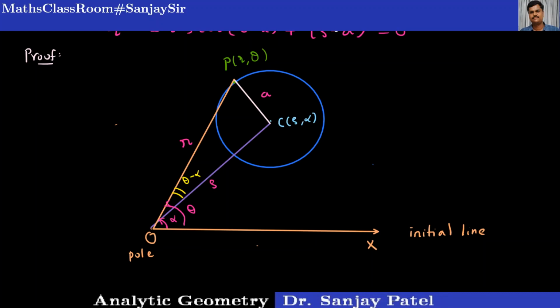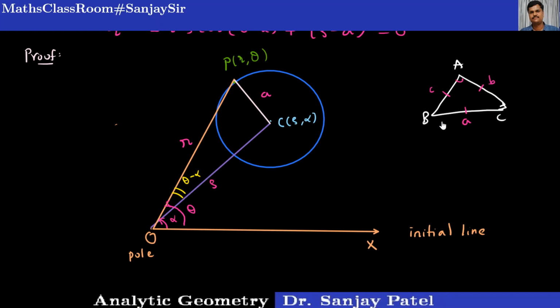Now in this triangle OPC, you know the cosine rule for a triangle. Let me explain the cosine rule here. Suppose you have triangle ABC, and we call the side opposite to angle A as small a, the side opposite to B as small b, and this as small c.